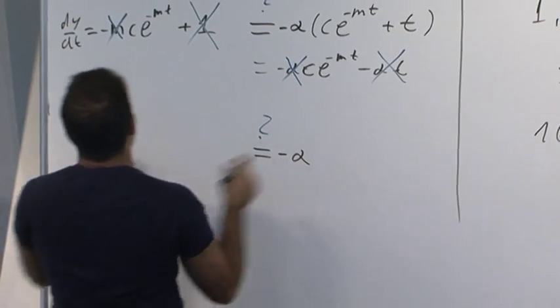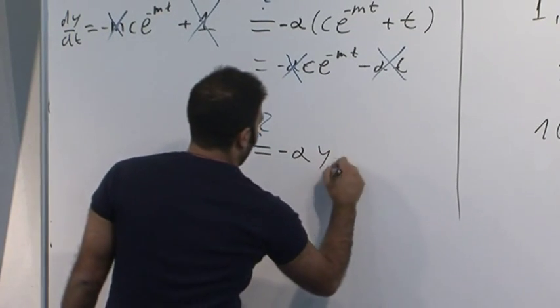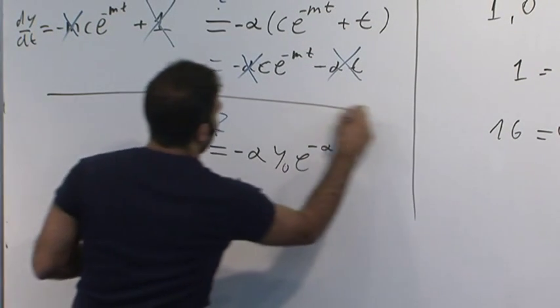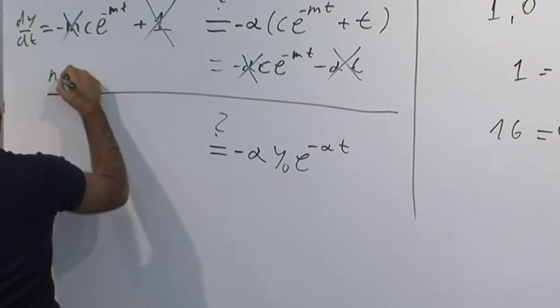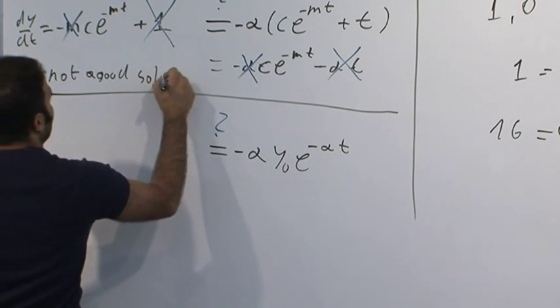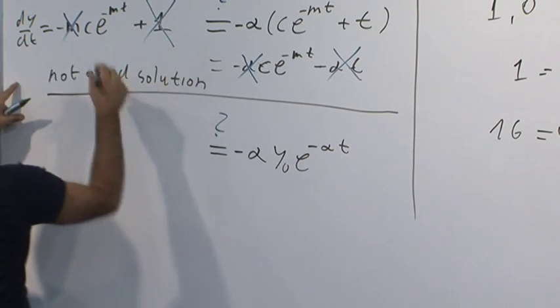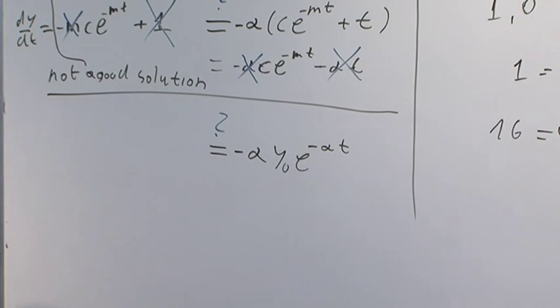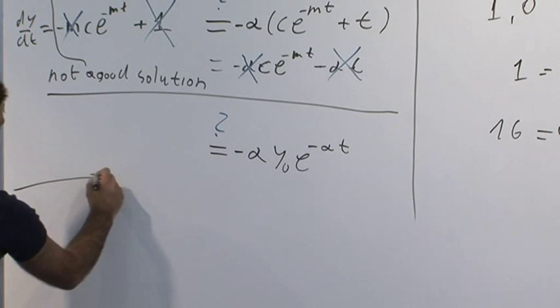Minus alpha times y, which is y0 e to the minus alpha t on the one side. So not a good solution, this is the conclusion. Now let's check our equation.